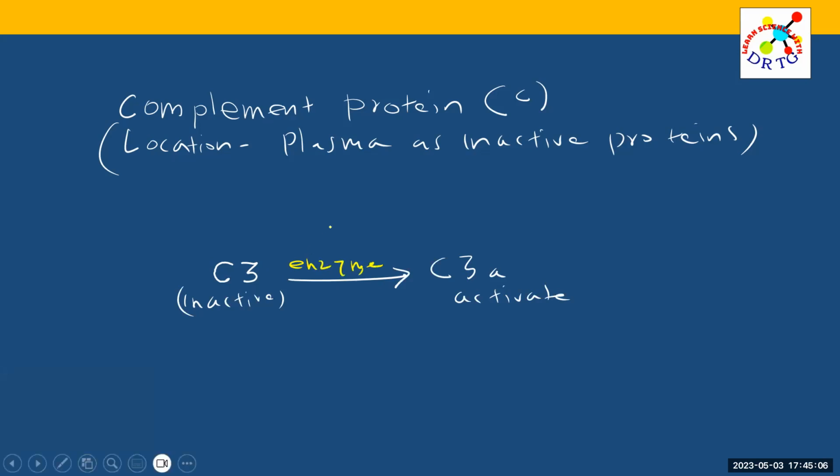So an enzyme can change the structure of the protein and it becomes an active protein. It's similar to blood clotting, so you can recall your blood clotting mechanism, how it works. So complement protein exists in blood in an inactive form, and an enzyme can activate it, then it becomes the activated form.